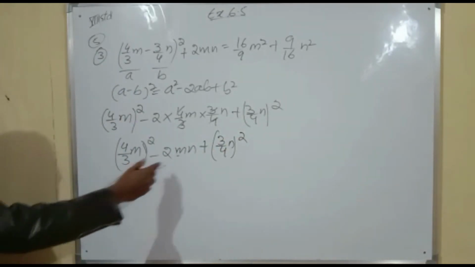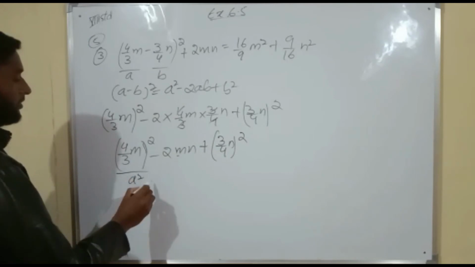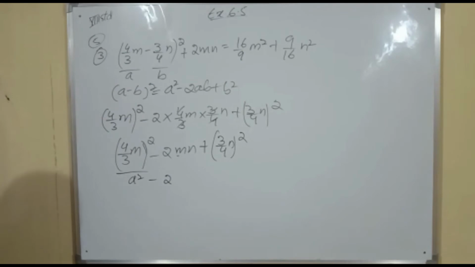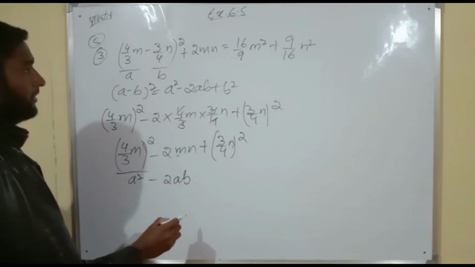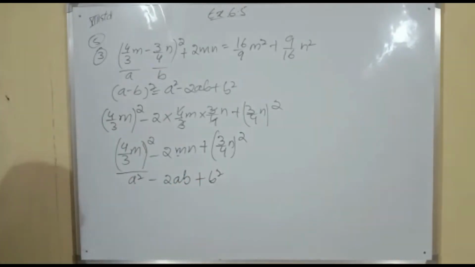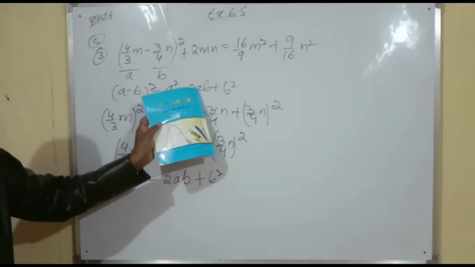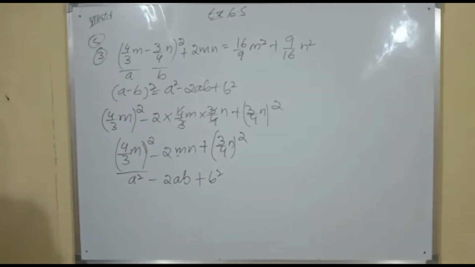If you look at this, it is in the form a square minus 2ab plus b square, that we solved here. 4 by 3 and 3 by 4 get cancelled.